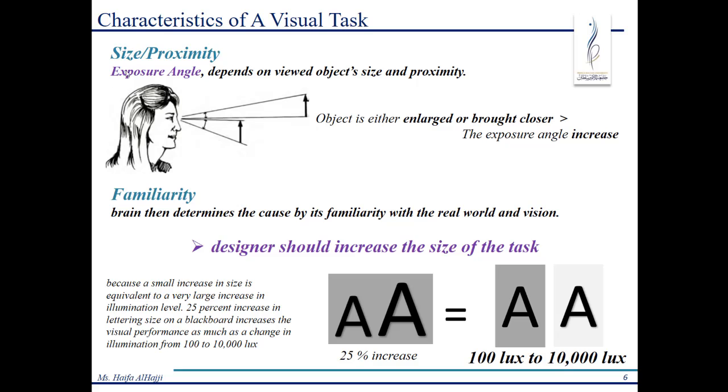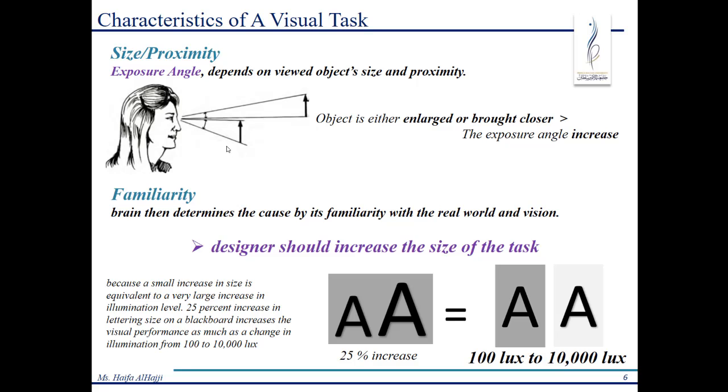We define this by the exposure angle, defined by the edges of the task and the source of the observer's eye. In this condition, the angle is larger. Since the angle is larger, this task is seen better.